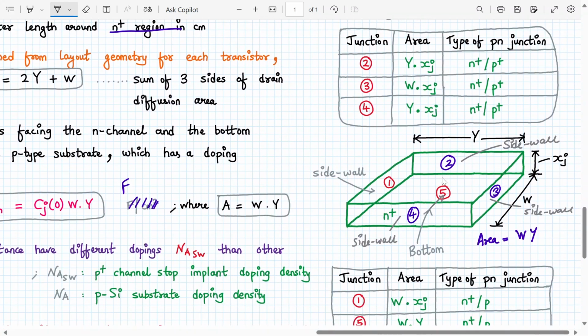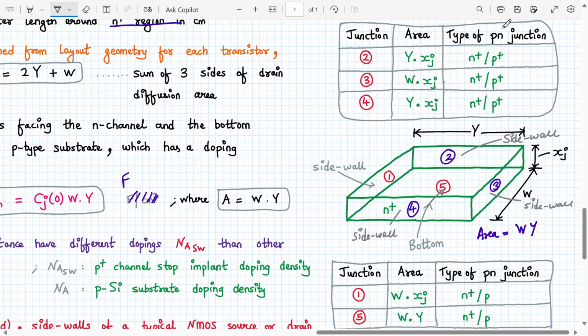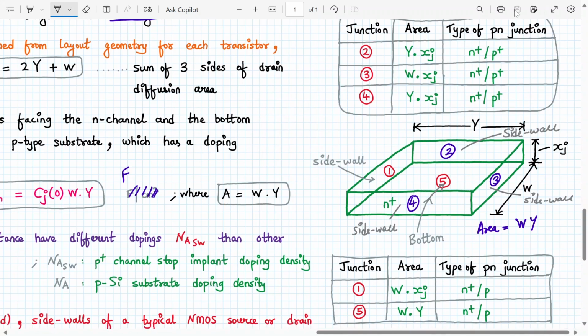So please write down the table. Completed the table? Everyone? Yes or no? Is the table completed? Yes.